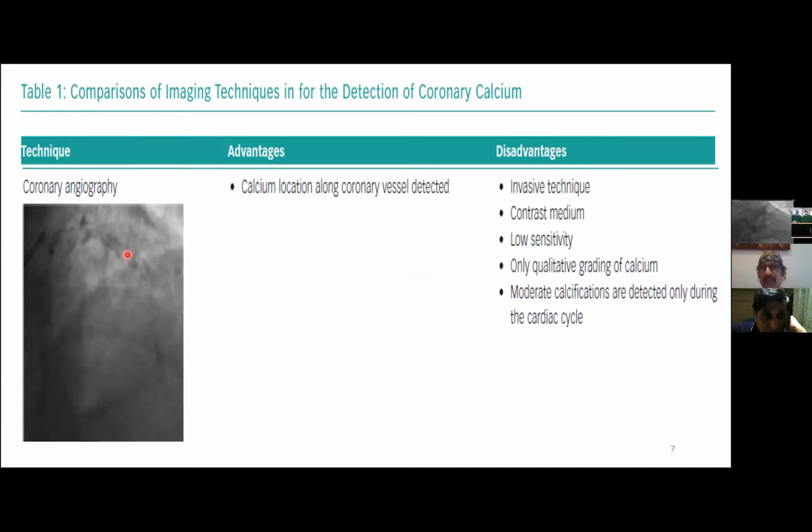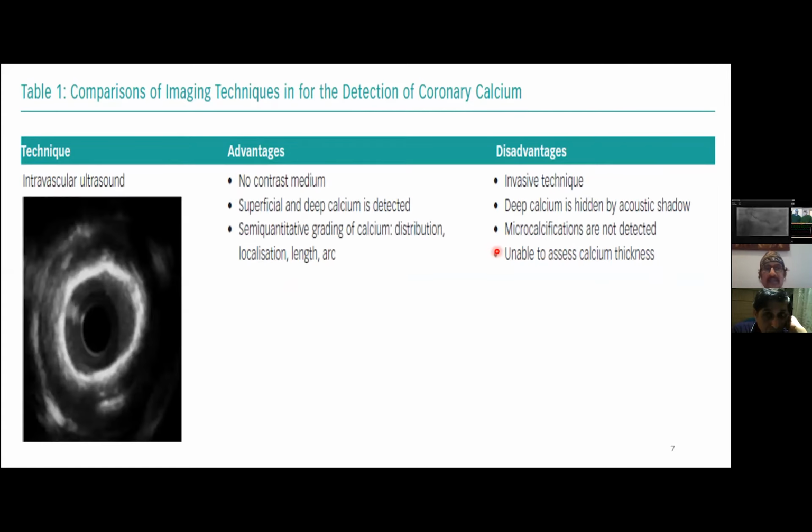We cannot decide whether the calcium is outside along the adventitia or inside, and thus cannot make a decision whether we need to do some kind of extra steps to handle the calcium. So the sensitivity of a conventional catheter angiogram is low. For years, we used IVUS, and you see a nice round calcification like this.